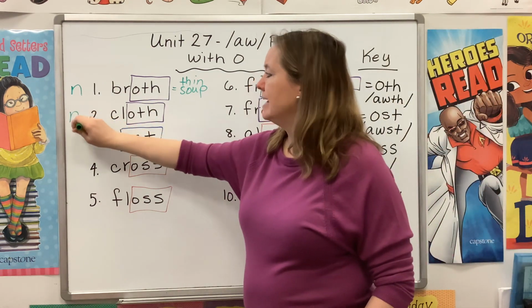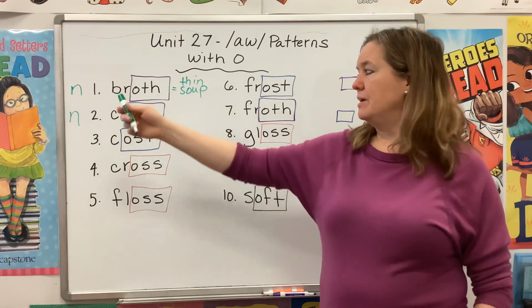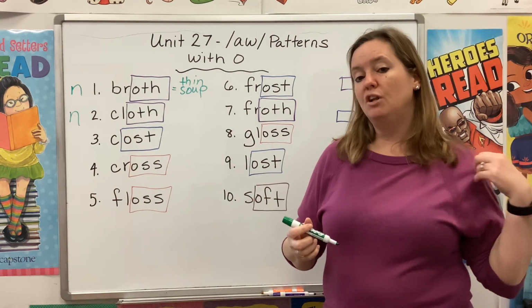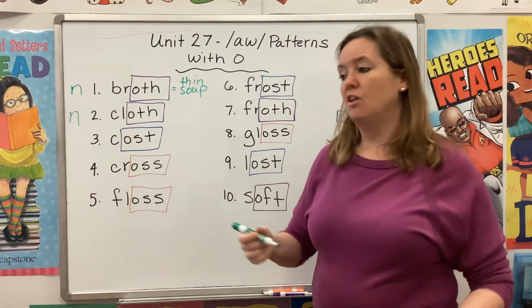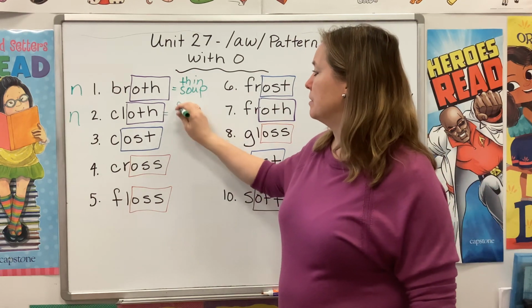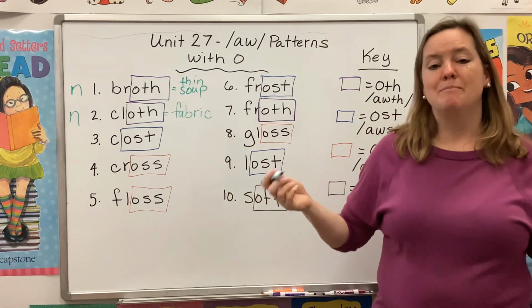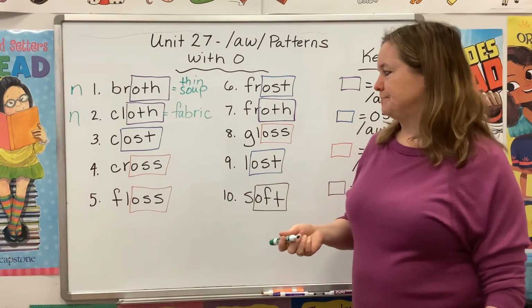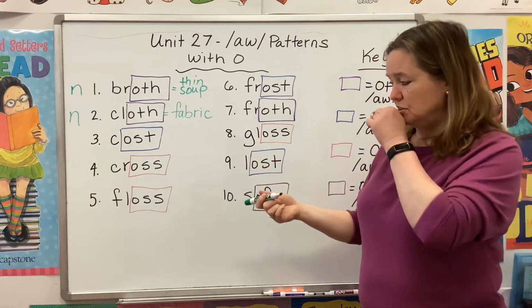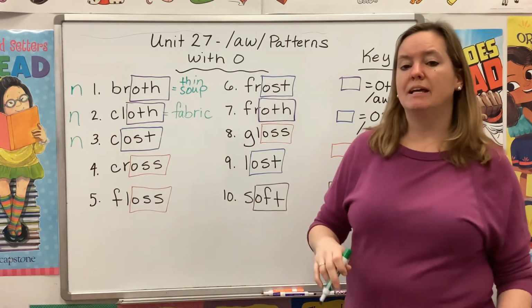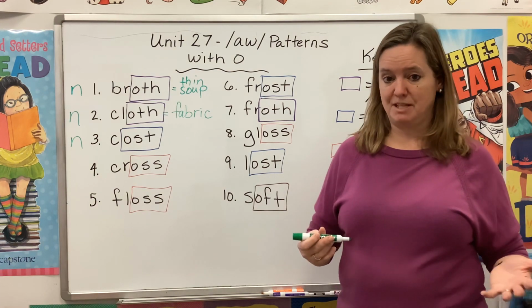Cloth is also a noun. You can kind of see the word clothes hanging in there because your clothes are made out of cloth. Cloth is just another word for fabric. You sew it together to make a shirt, pants, whatever. A cost can be a noun if we're talking about the cost of something.